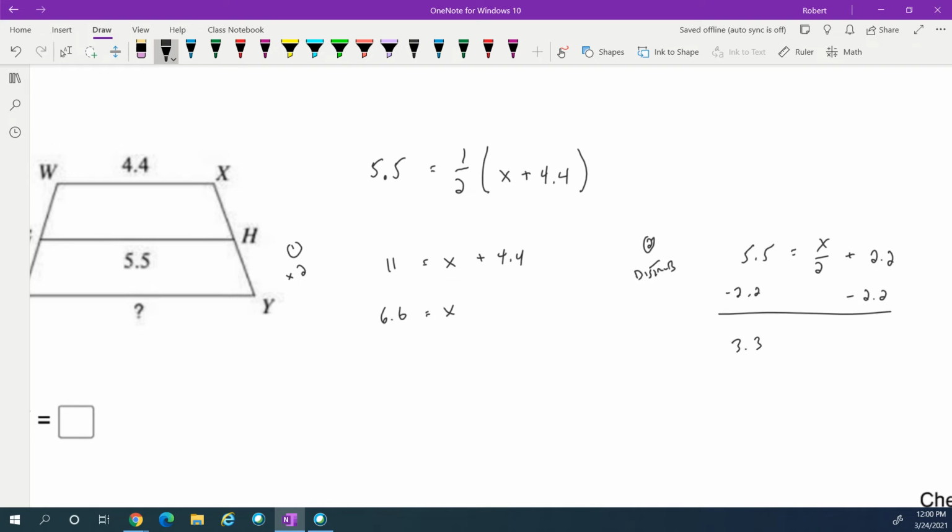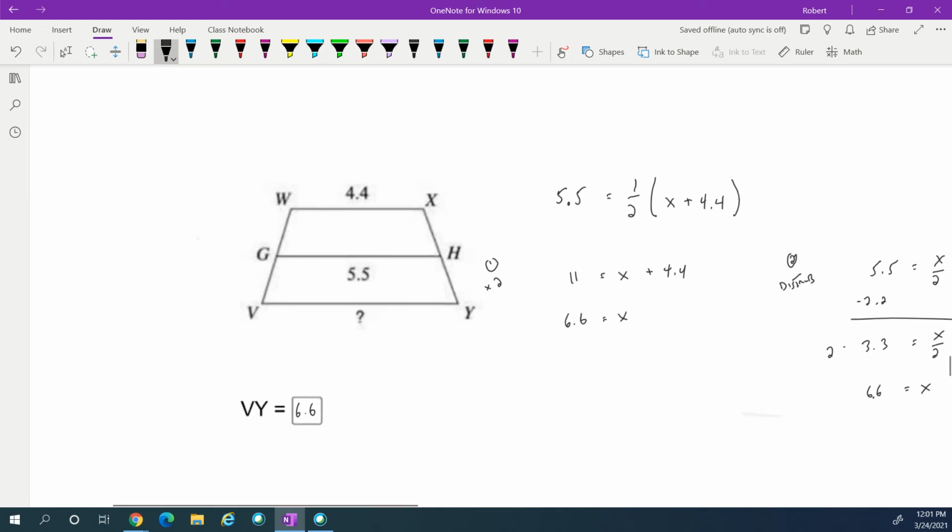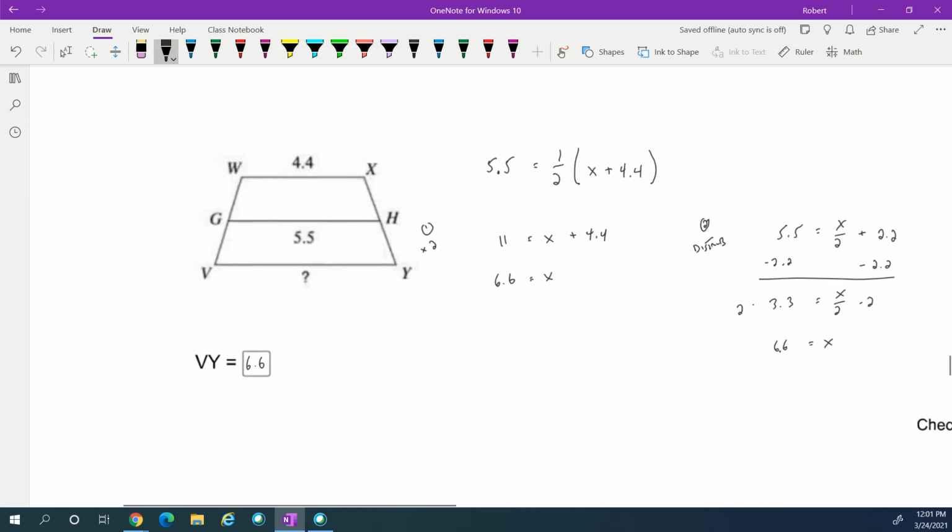That gives us 3.3 equals x over 2, or 1/2 x, and then times 2. So 6.6 equals x. So we get the same 6.6 either way. One formula for geometry, and then two ways of executing our algebra.